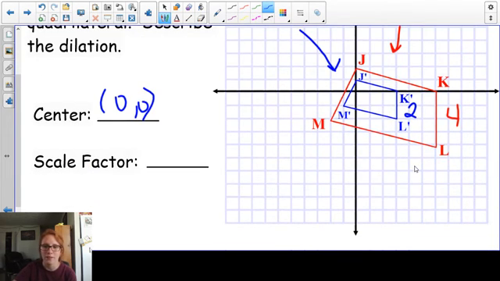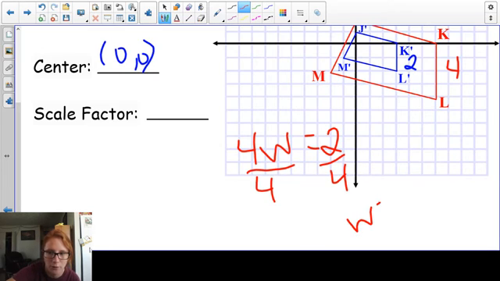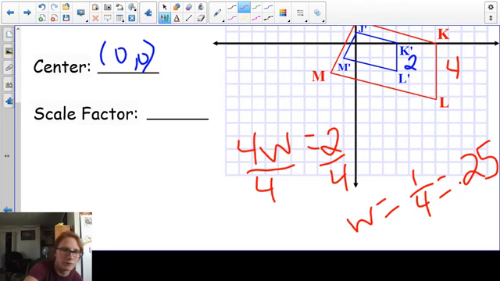So that means 4 times my favorite letter W, because I don't know what it is, equals 2. So divide both sides by 4 to figure out that favorite W. I get 1 over 4, or 0.25. So my scale factor here is 1/4.